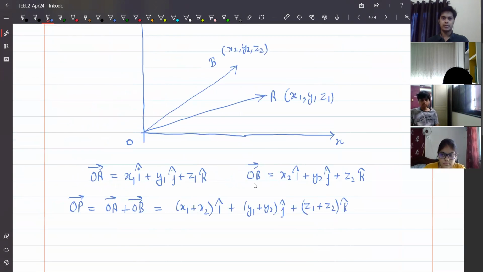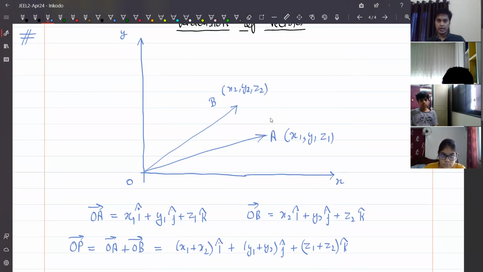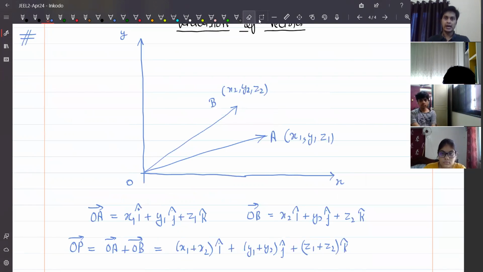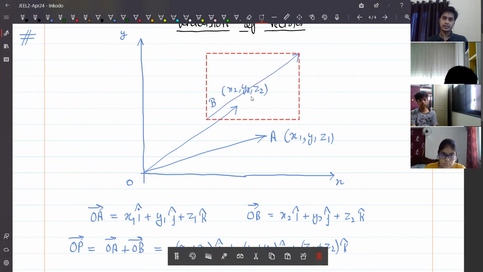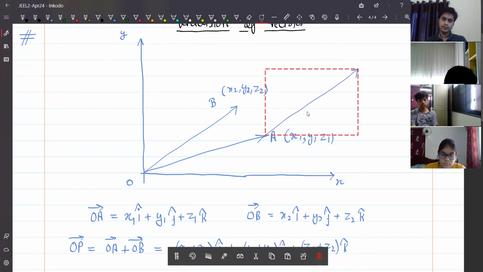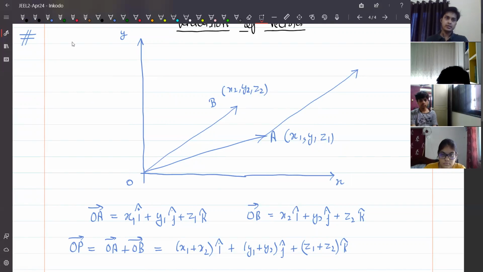What this means is that to add 2 vectors, you have to take the tail of the second vector and keep it over the head of the first vector, like this. This was the first vector, call it A vector.